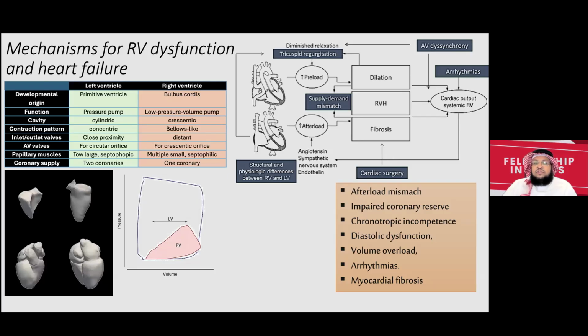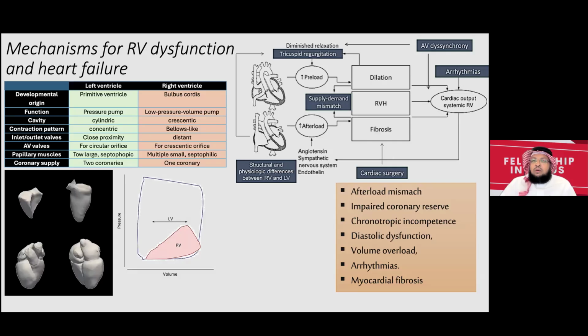Even in physiology, the pressure-volume loop of the right ventricle is completely different from the left ventricle. All these factors will lead to failure of the systemic right ventricle.